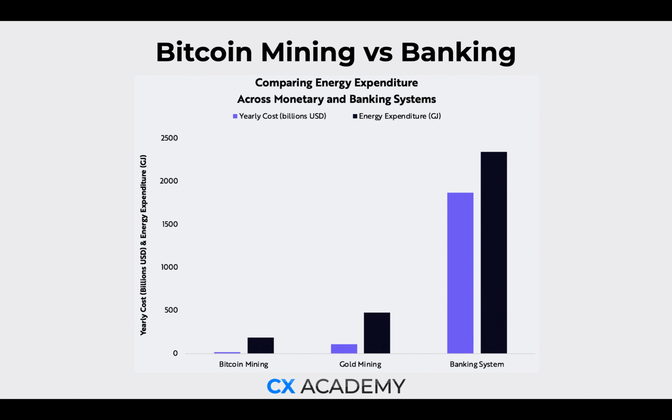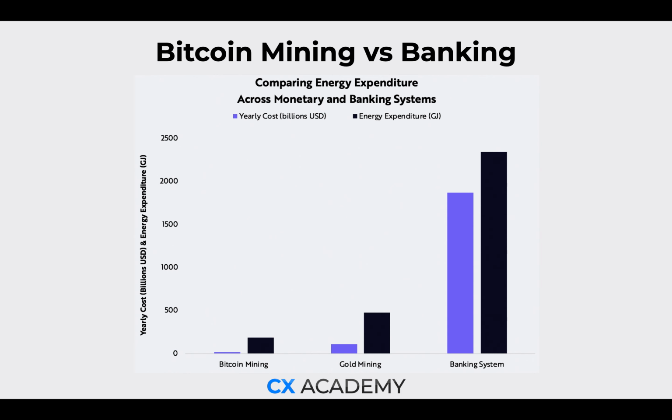So even though Bitcoin is incredibly energy intensive, we can see here that we really have nothing to worry about, especially in terms of cost. Bitcoin mining, we can see in comparison to gold, and very little in comparison to the banking industry, is a fraction.